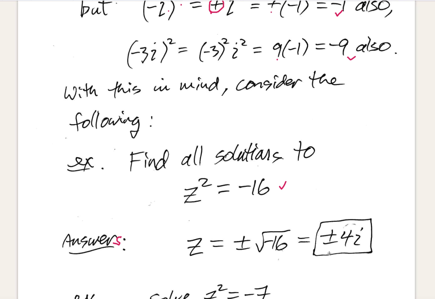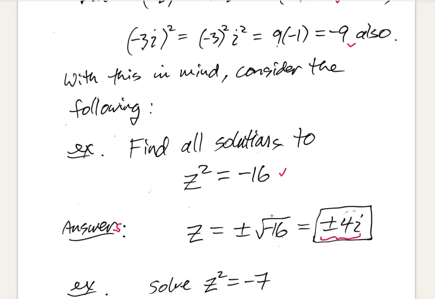So it's plus or minus 4i. Indeed, if we square both of those quantities, we will get -16. What I'm doing is showing you the difference between the square root of -16, which is 4i, versus the set of all solutions to the equation z squared equals -16. The set of all solutions consists of two elements. There's two answers, plus or minus 4i.